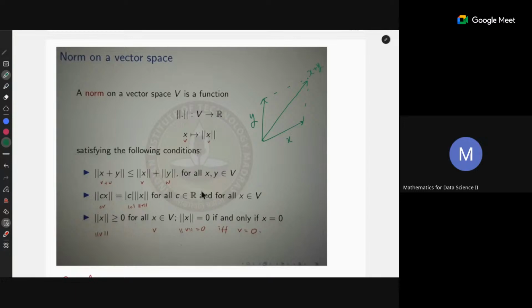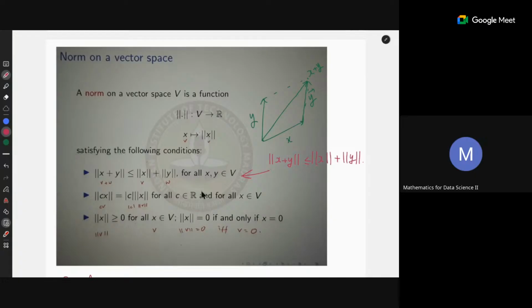But this line is also the vector y. So the sum of the length of this vector and the length of this vector is larger than the length of this vector, which is the length of x plus y. So this is the triangle inequality. Okay, makes sense. So the first condition a length or the norm should satisfy is the triangle inequality.